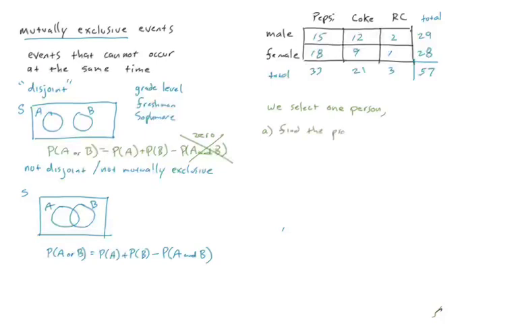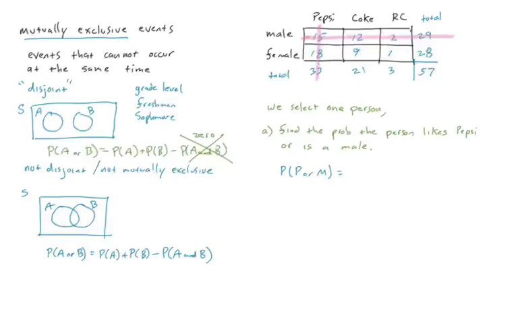And so let's find the probability the person likes Pepsi or is a male here. So the notation, probability a person likes Pepsi or is a male.